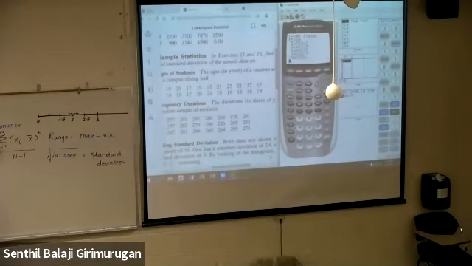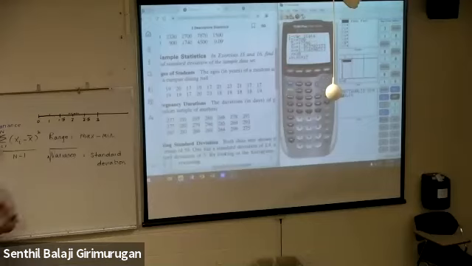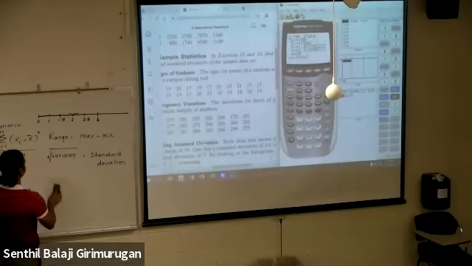The minimum is 17, the maximum is 23. And 23 minus 17 is 6. So the range is not that great, but we know the deviation is about 1.86.